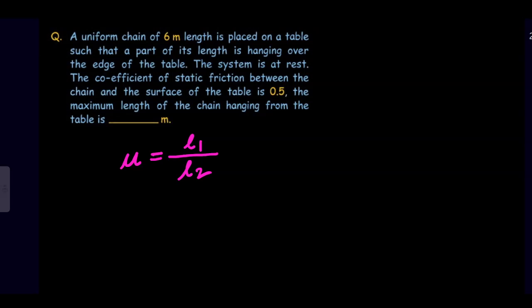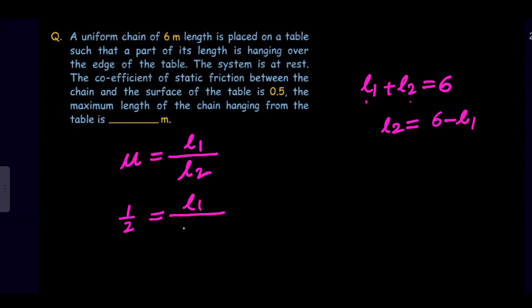So L1 plus L2 is 6. Now this mu value is 1 by 2. We need L1, the hanging length; L2 is the resting length. So L2 is equal to 6 minus L1. So it is L1 by 6 minus L1.